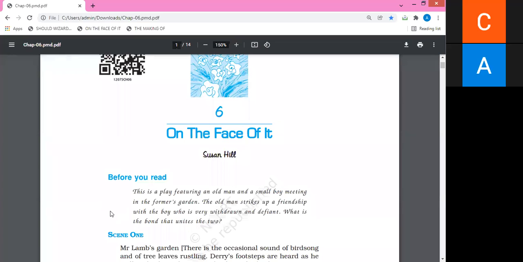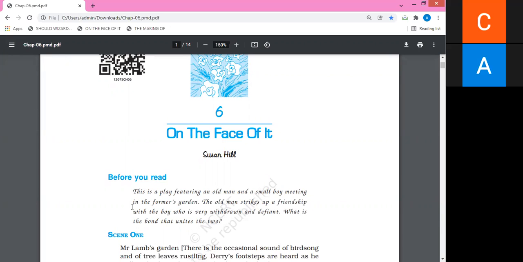And one more theme is there, that is, appearances are always deceptive. Being very clear up to this point, you are able to look at two themes so far as this play is concerned.